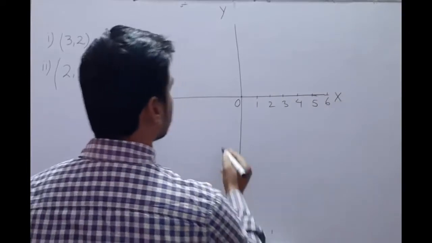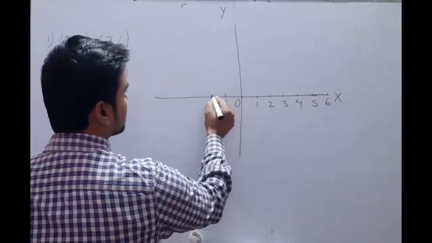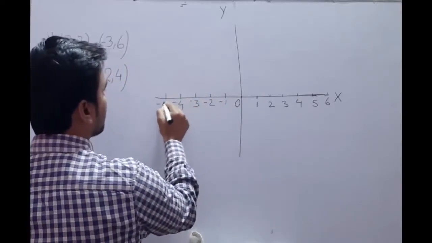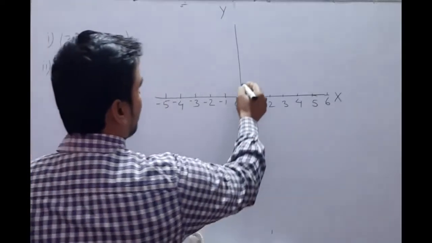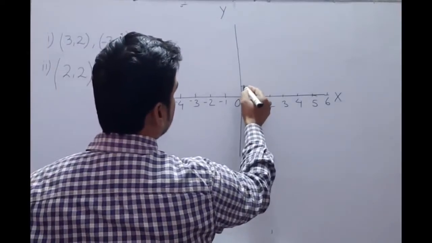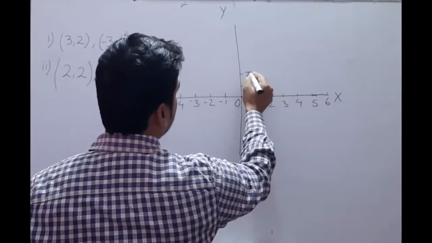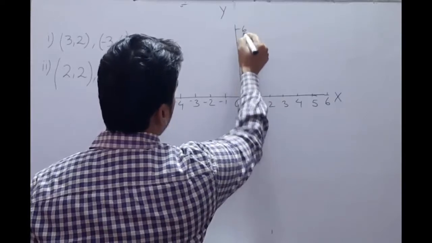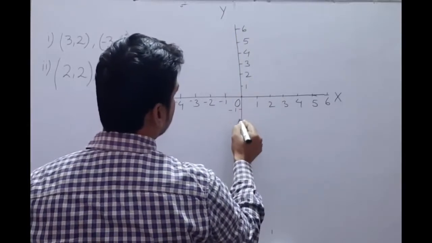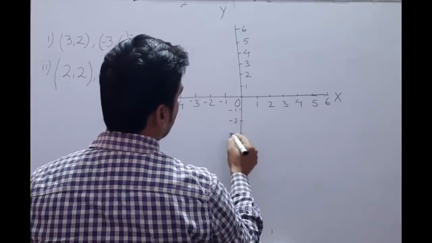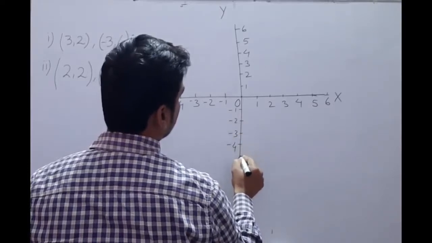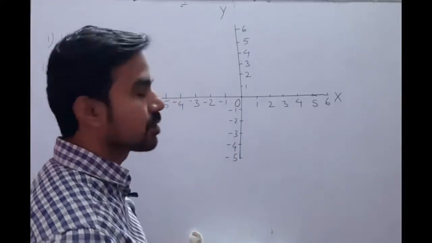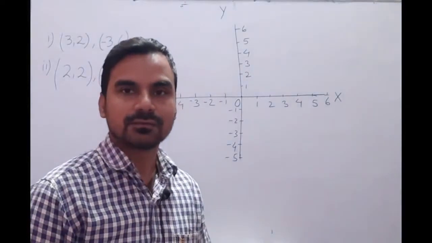On the left side, we take negative integers -1, -2, -3, -4, -5. In the upward direction, we take positive integers 1 to 6, and in the downward direction we take negative integers -1, -2, -3, -4, -5.